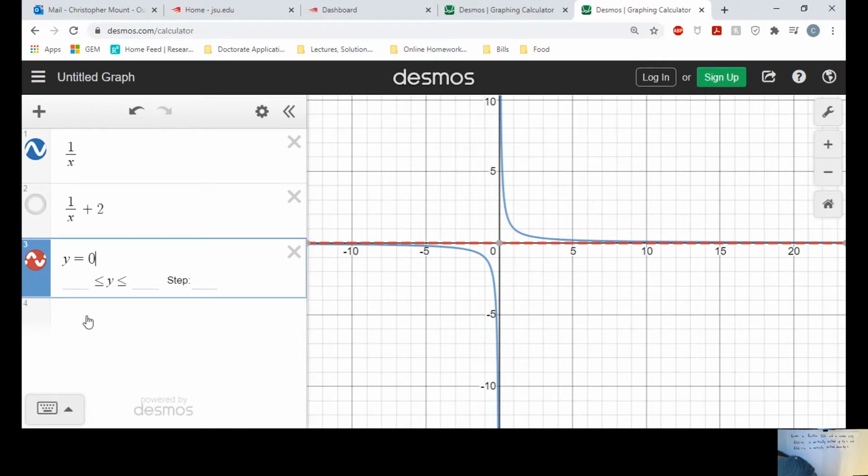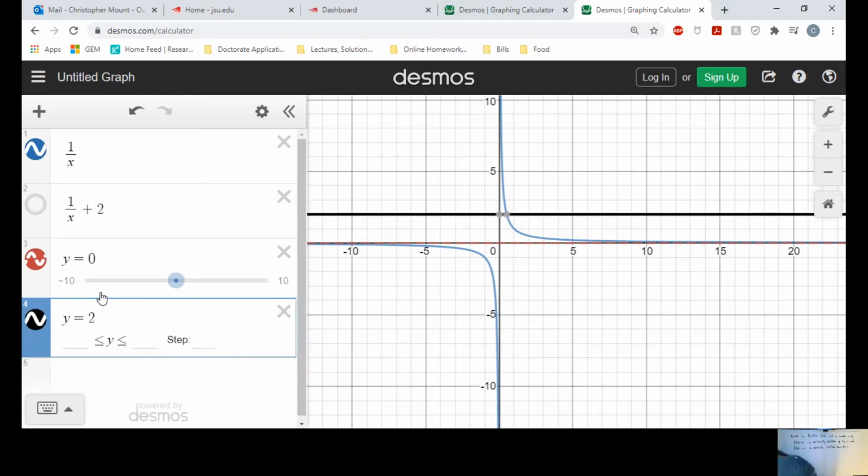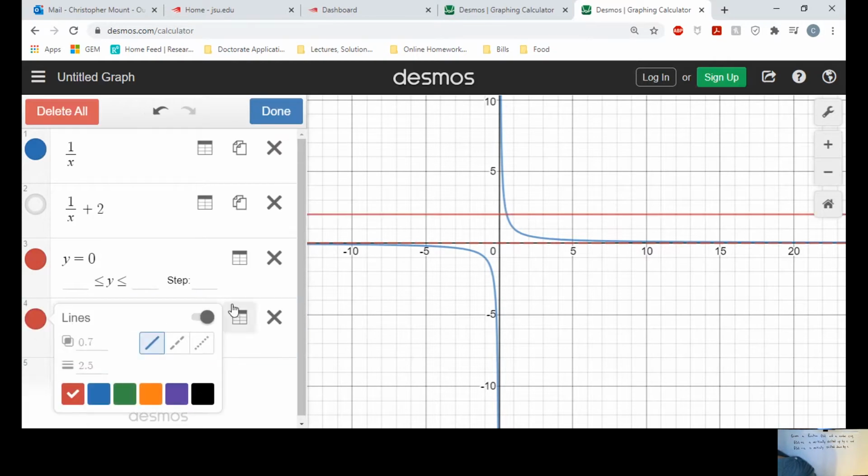Now, if I want to figure out where the asymptote will be for 1 over x plus 2, because maybe I'm sketching it on paper and I'm not sure how high it should be, well, its new asymptote is just going to be at y equals 2. You're just going to lift that value by 2. I'll make it orange, a dashed line. So there's the new asymptote.